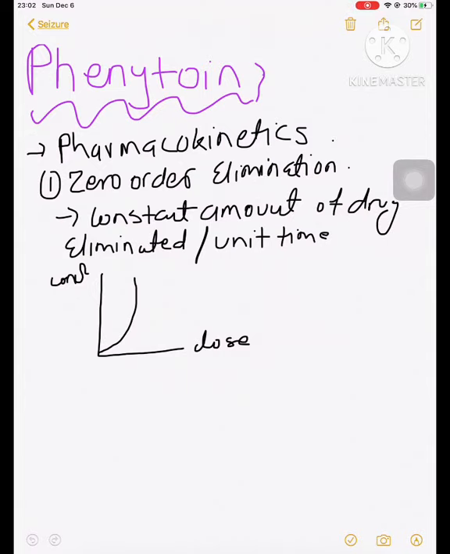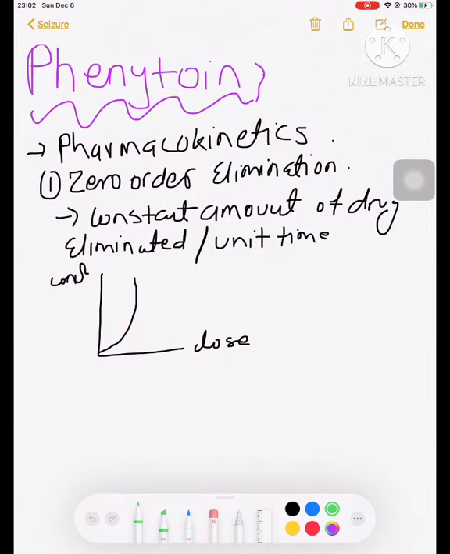Now let's see some of the important points in the pharmacokinetics of phenytoin. Okay, so the drug phenytoin follows zero order kinetics of elimination, meaning that a constant amount of drug is eliminated per unit time. Meaning the fraction of drug removed from the body decreases with increasing drug. Let's suppose 10% of phenytoin is excreted from the body in 1 hour.